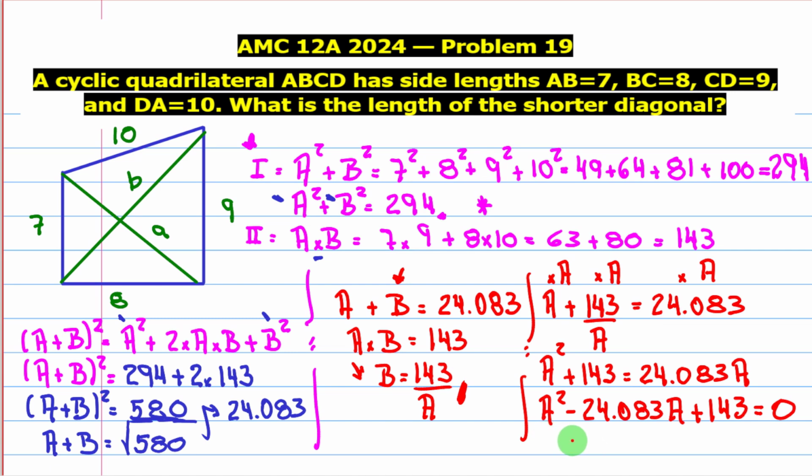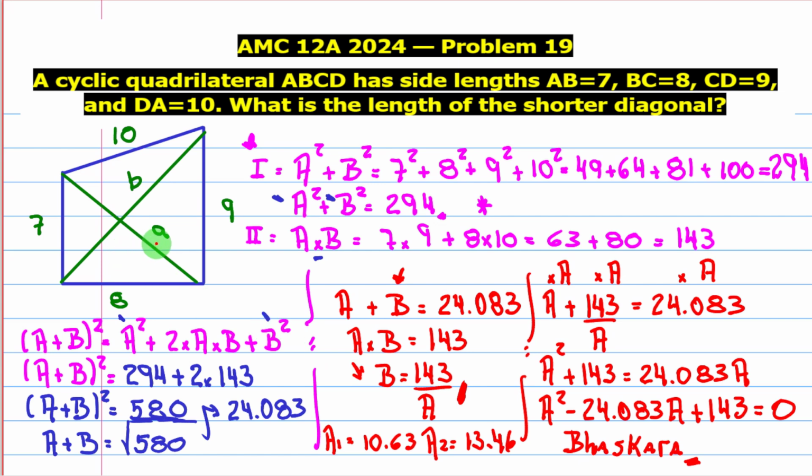So that's one video on my channel. We can solve that by Bhaskara. You can see that video. And we find two solutions. One solution is 10.63, and the other solution is equal to 13.46.